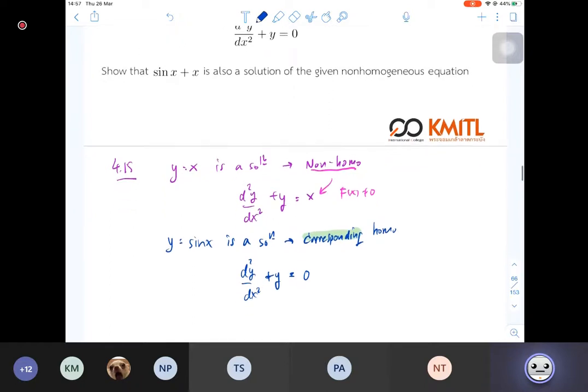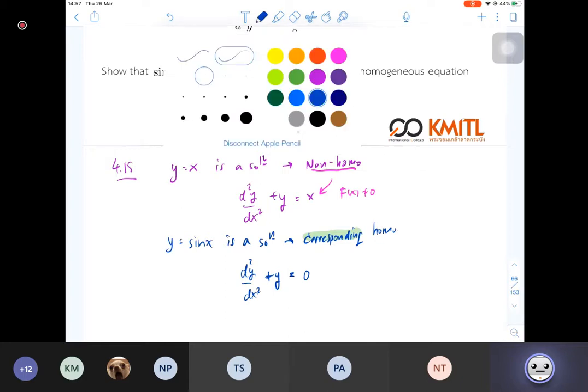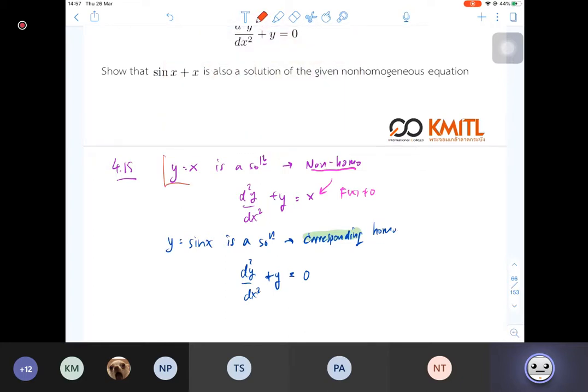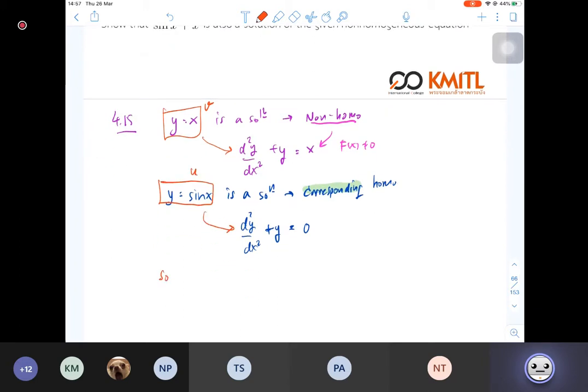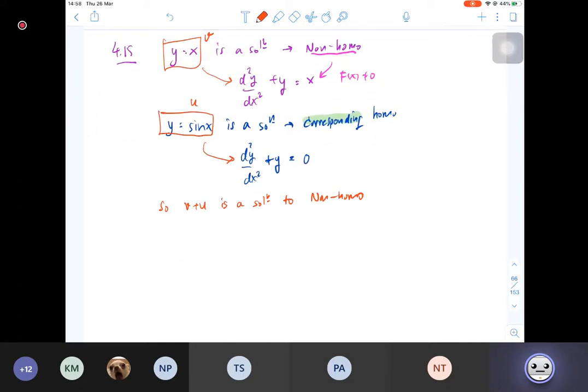Okay, so the theorem said that if you have this as a solution to these equations, and this is a solution to this equation, then V plus U would be a solution to the non-homogeneous. So let's try to prove that.